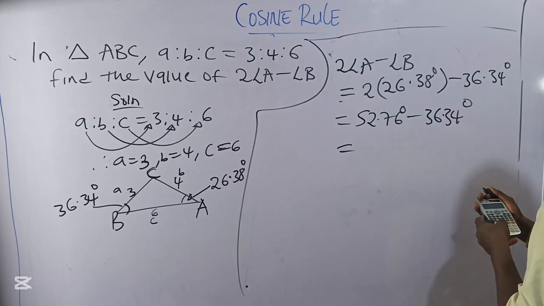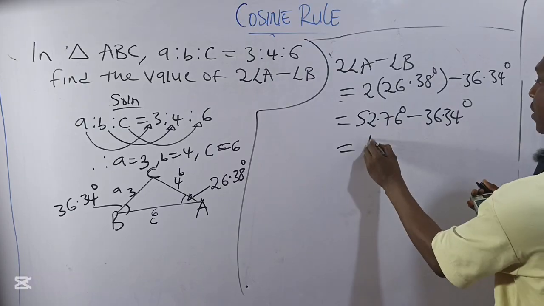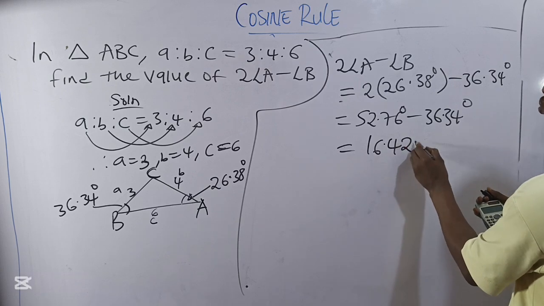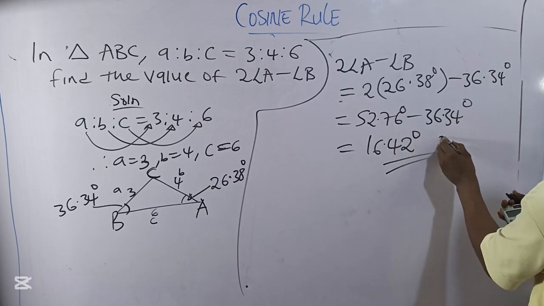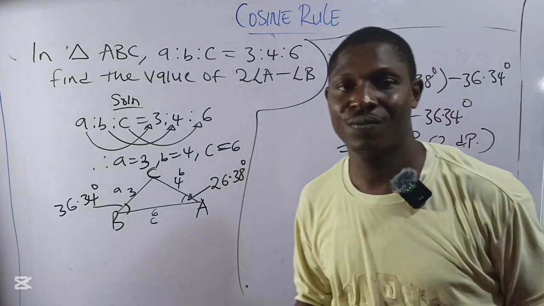If I subtract 36.34, I'll have 16.42 degrees to 2 decimal places as my answer. Thank you.